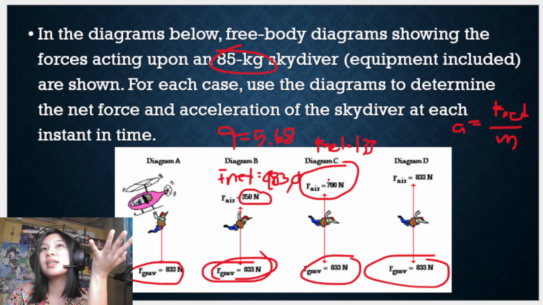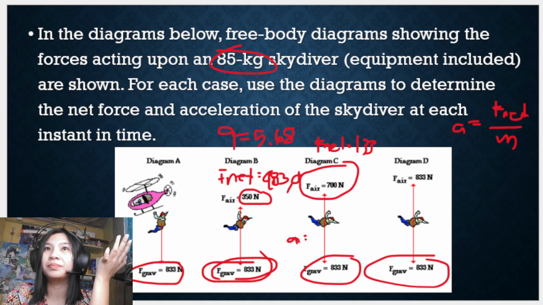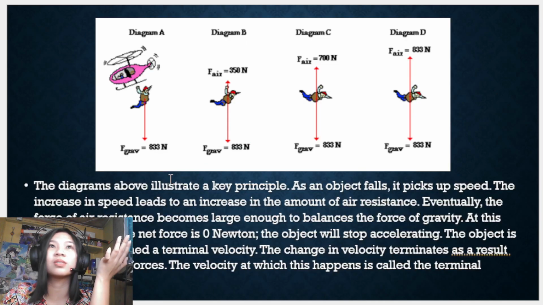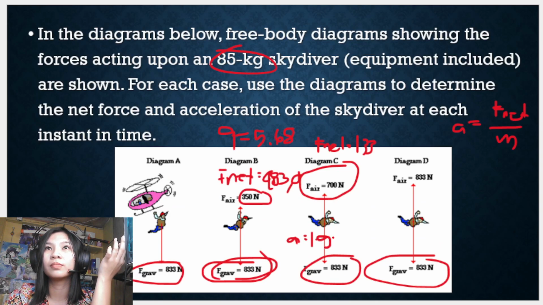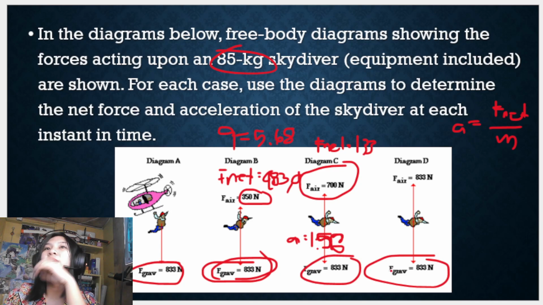So since the F net changes, the acceleration also changes. So the acceleration here in C becomes 1.56 meters per second square.